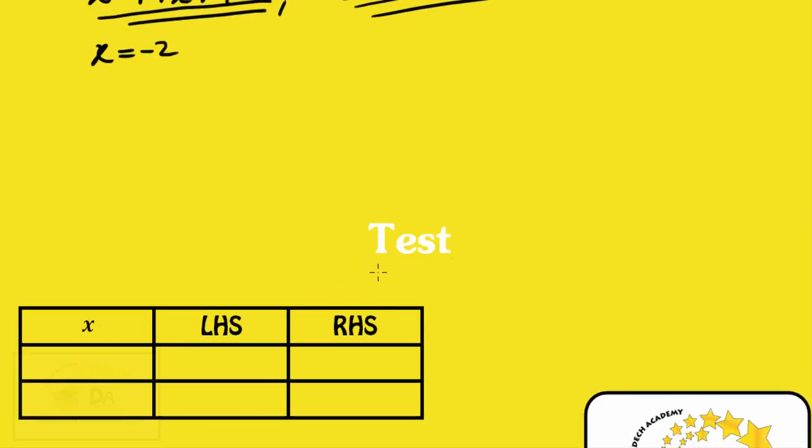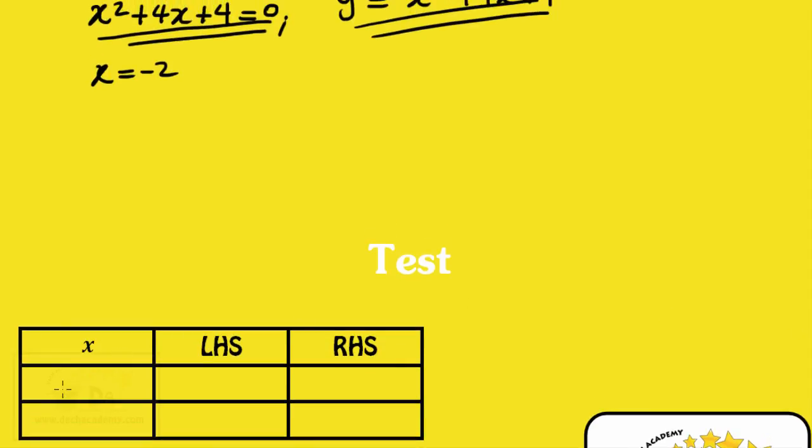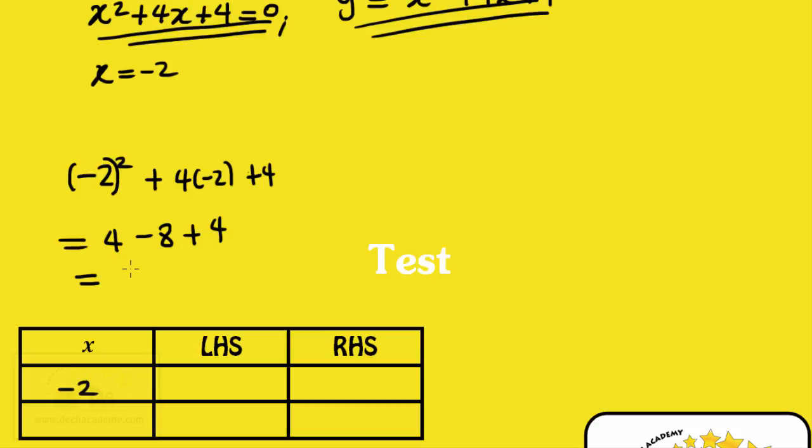So what I'm going to do is test the validity of our result. So when x is minus 2, what's the left hand side term? Well, the left hand side term is equal to minus 2 squared plus 4 times minus 2 plus 4, and that's equal to 4 plus 4 times minus 2, so plus minus 8, which is the same thing as minus 8 plus 4. 4 minus 8 is minus 4, minus 4 plus 4 is 0, so left hand side is 0.